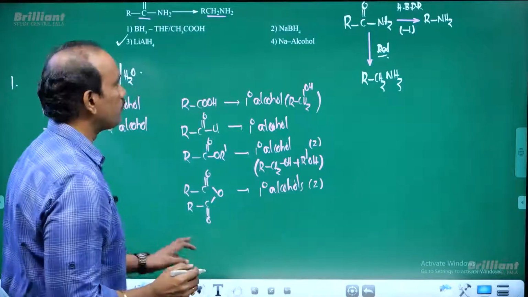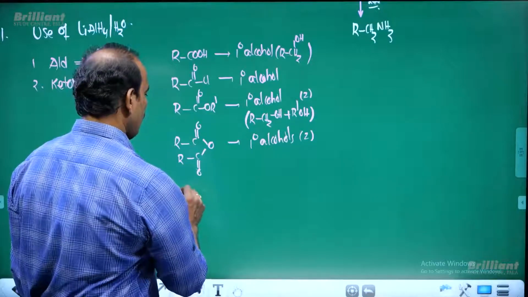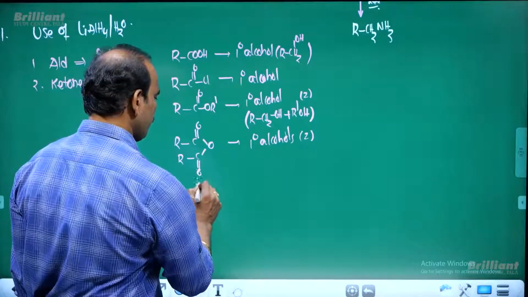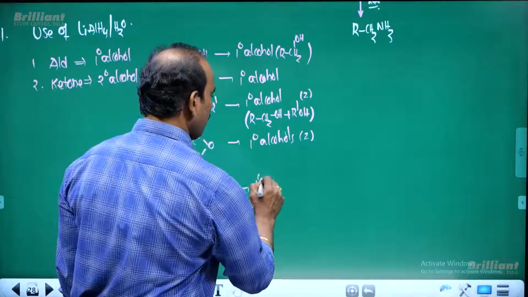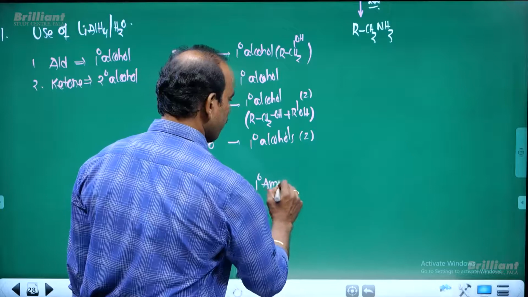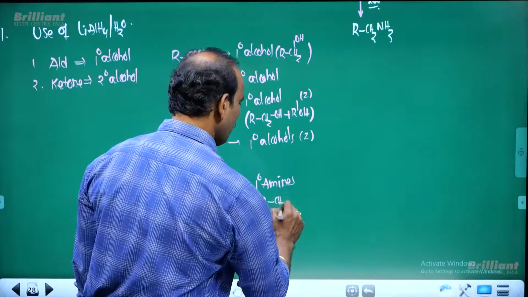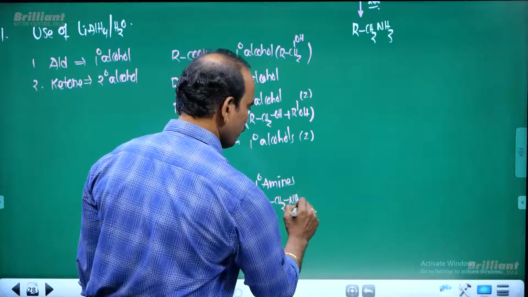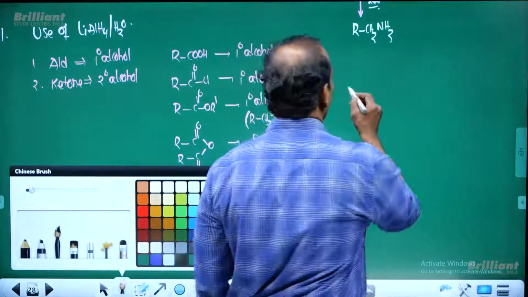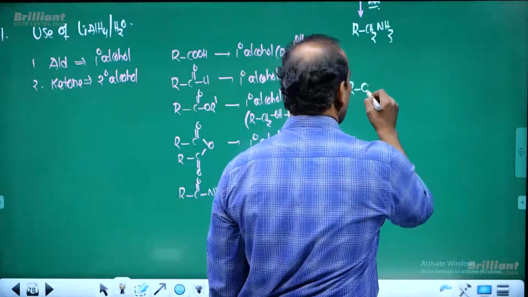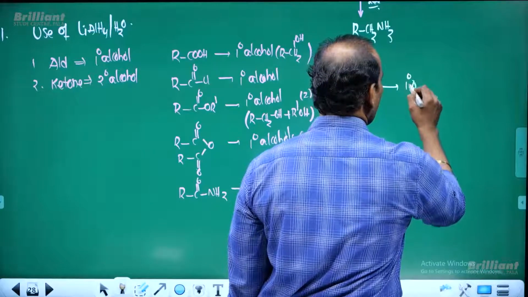Next one is amides. It gives primary amines, that is RCH2NH2. Next one is RCN, cyanides. Cyanide changes to primary amines.